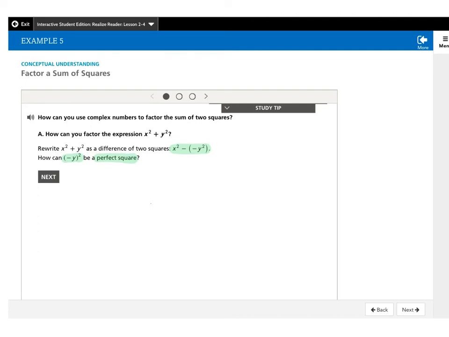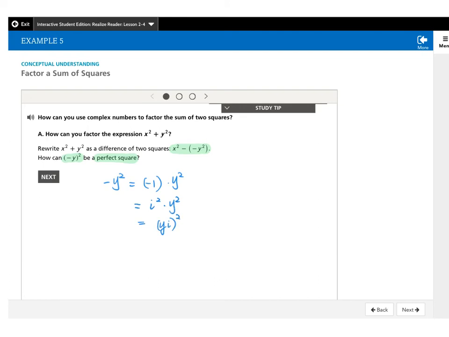Now, if I just pay attention to this negative y squared, just the inside part, I'm going to rewrite it into negative 1 times y squared. We also know I can rewrite negative 1 into i squared times y squared. So if I put the y in the front, because the coefficient is usually in the front, I can simplify this into (yi) squared.